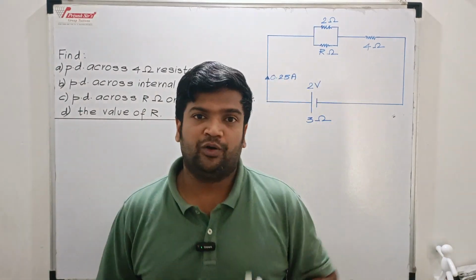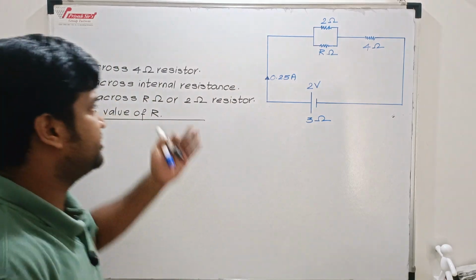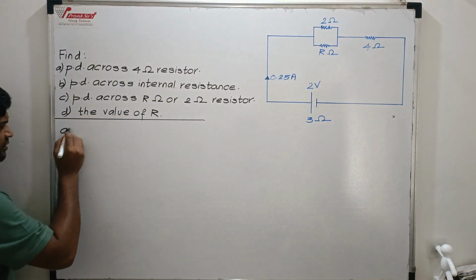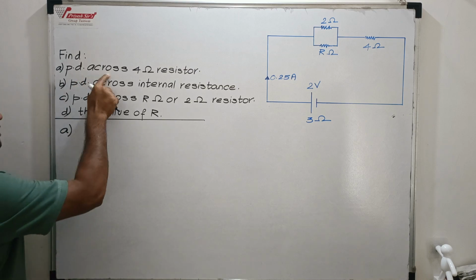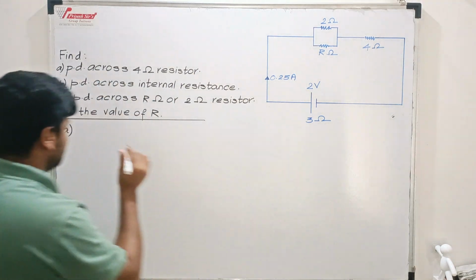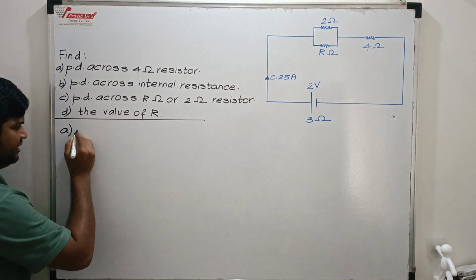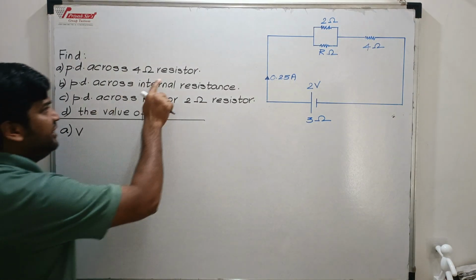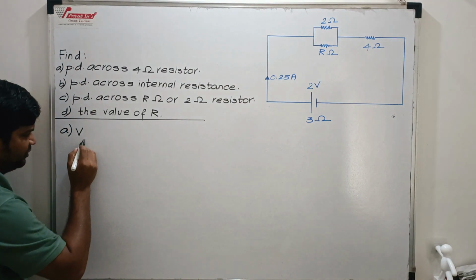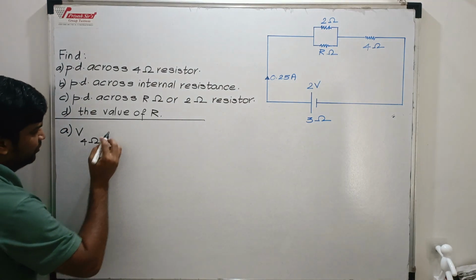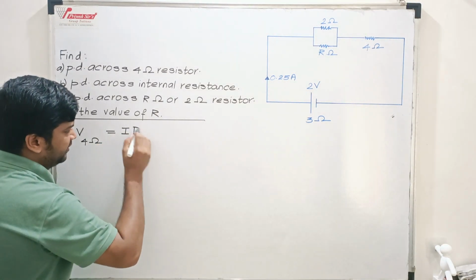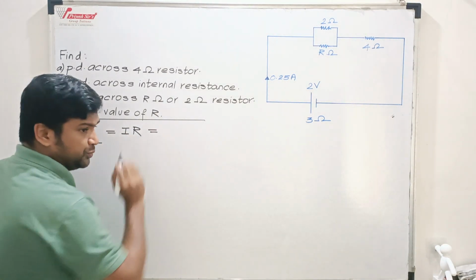We have understood the question and we have understood what things we have to find out. Let's start working on it. Okay. Have patience, kids. Come on. Look here. So the first one is PD, potential difference across only the 4 ohm resistor. So potential difference is given by V. Now V, they want only in 4 ohm. So I'll write below potential difference across 4 ohm. Basic formula, that is I into R, which is equal to.